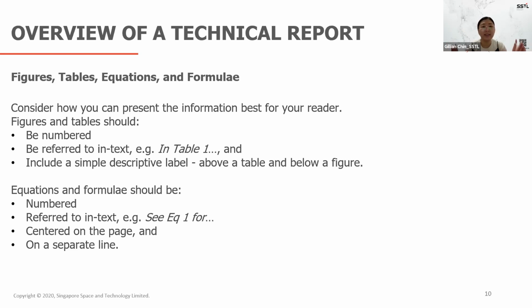Firstly, always centralized. It should be numbered, and the number should be in running order. So it's not the table on the page, it's the table in the entire document. If you have a table on page 1 and a table on page 10, the table on page 10 is going to be table 2, and the table on page 1 is going to be table 1. So you should give it a number.